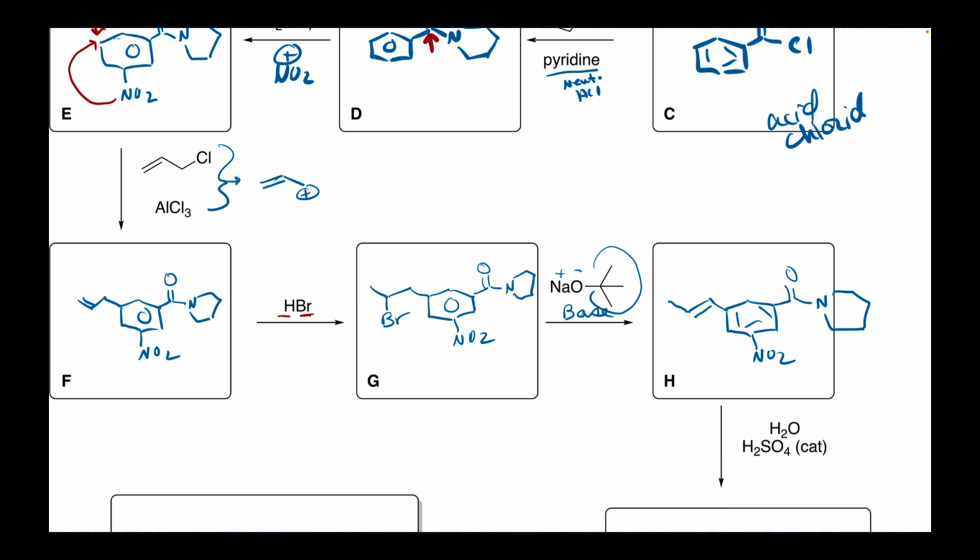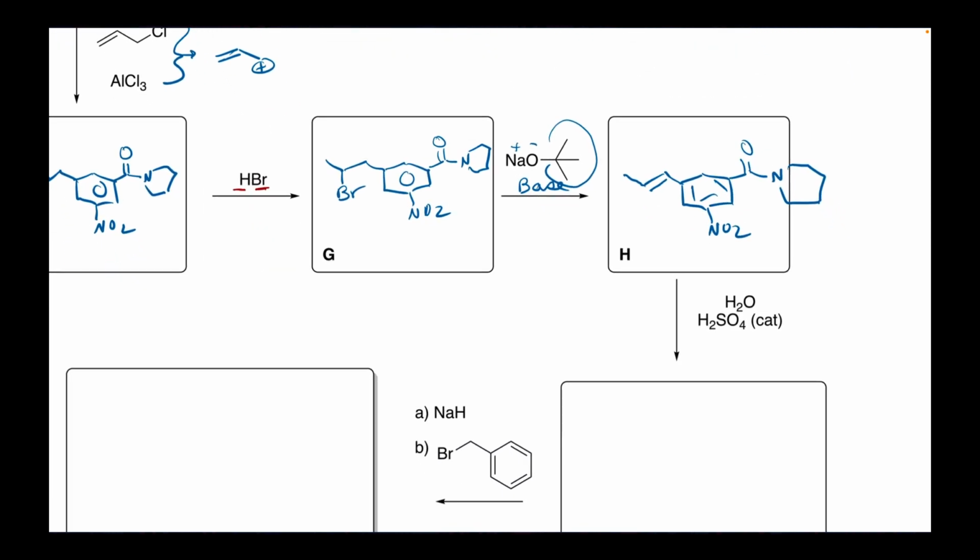Okay, now we can take water with a sulfuric acid catalyst, an acid catalyst. Acid catalyzed hydration of alkenes. Remember that? So we're adding OH to the double bond, right? And where does the OH add to?